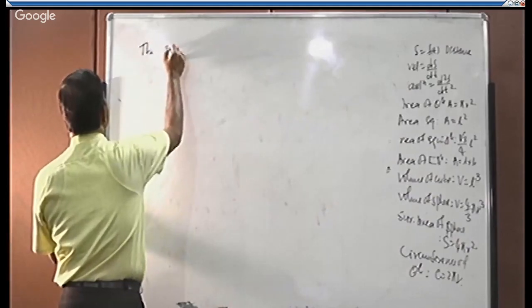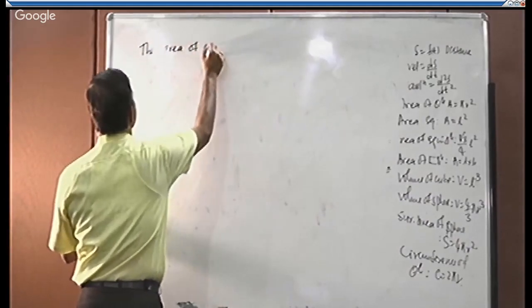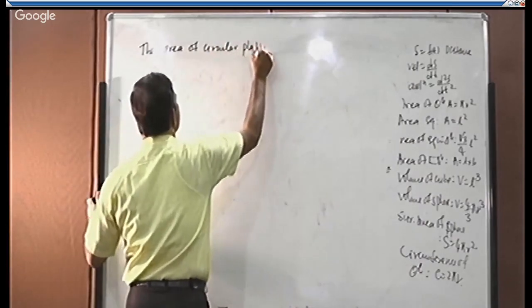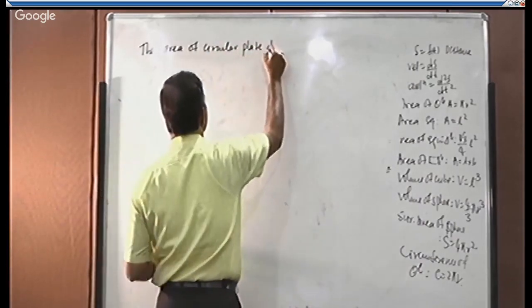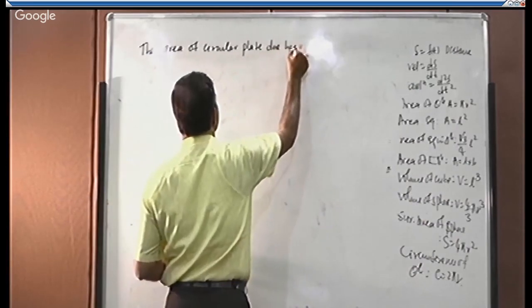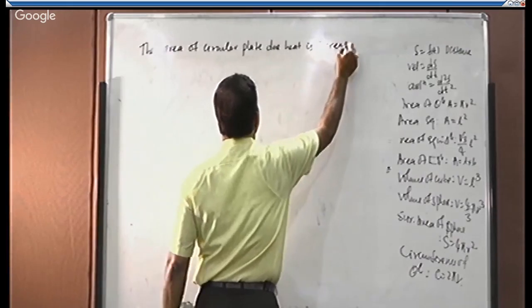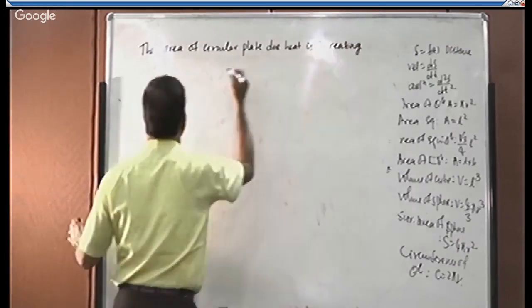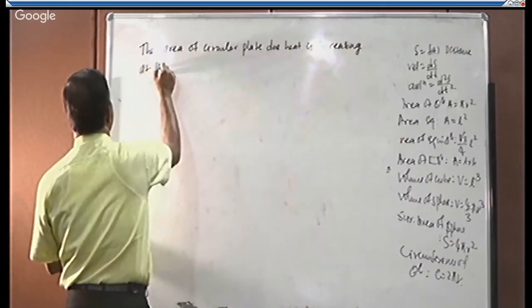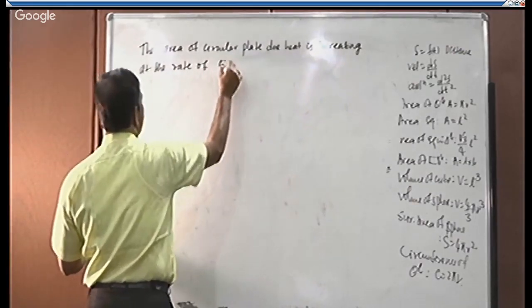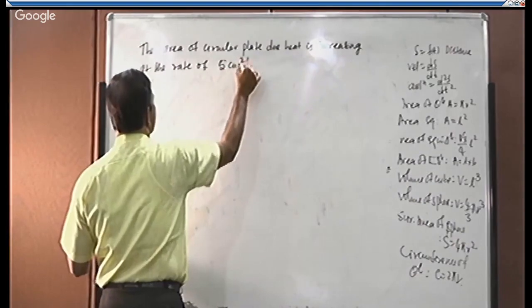The area of a circular plate due to heat is increasing at the rate of 5 centimeters square per second.